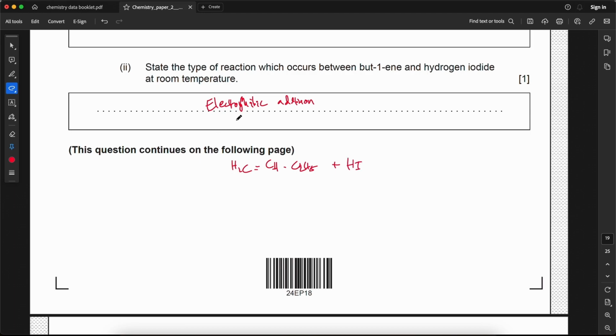It's a reaction in which a molecule is initially attacked by an electrophile, resulting in the addition of one or more relatively simple molecules across a multiple bond. So the double bond breaks into a single bond, and then H and I are added here. So it's called electrophilic addition.